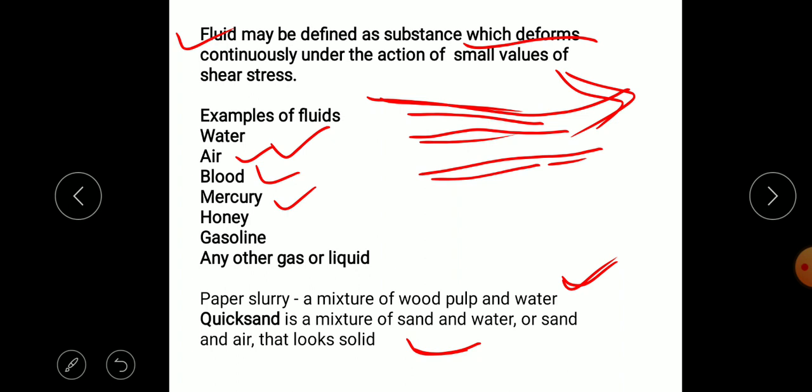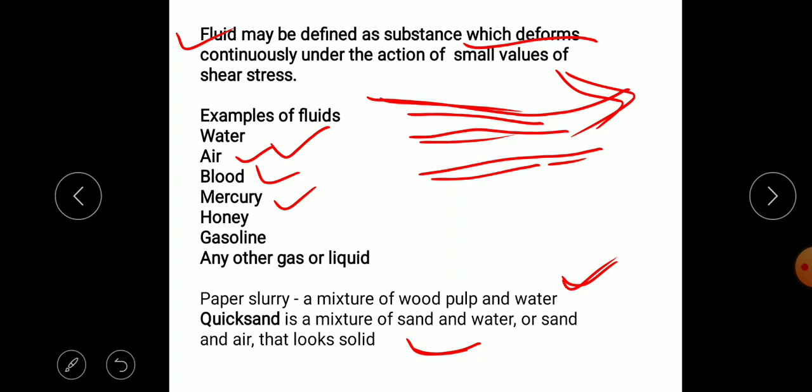In hydraulics, we know hydraulic engines use the force of oil, and in pneumatics, the force of compressed air is used to lift objects. That means the pressure of the fluid is used in hydraulics and pneumatics.